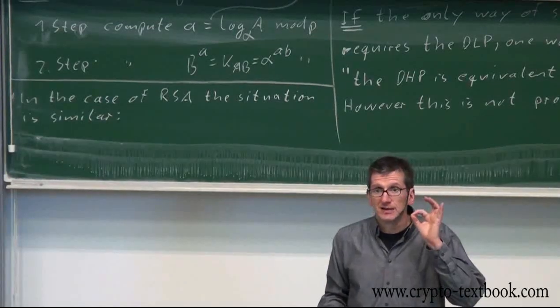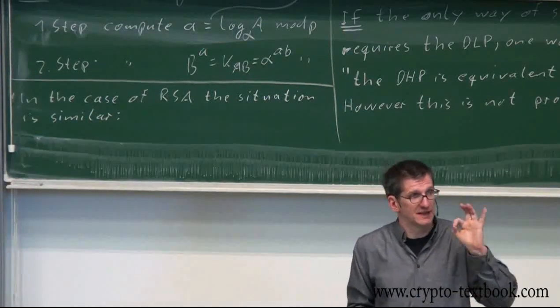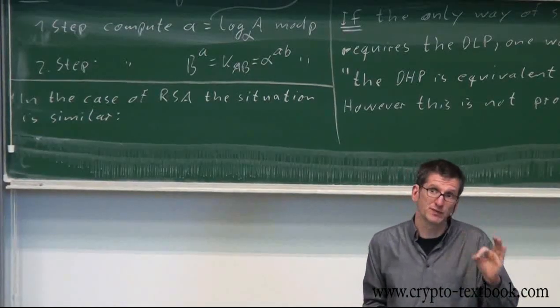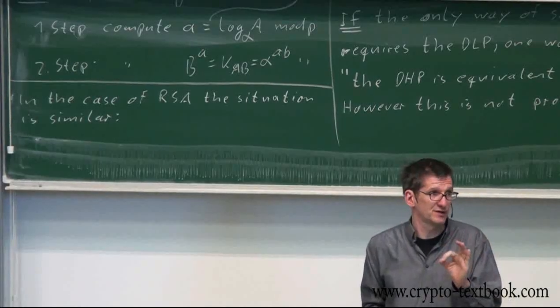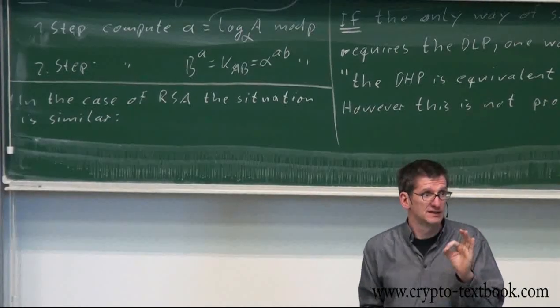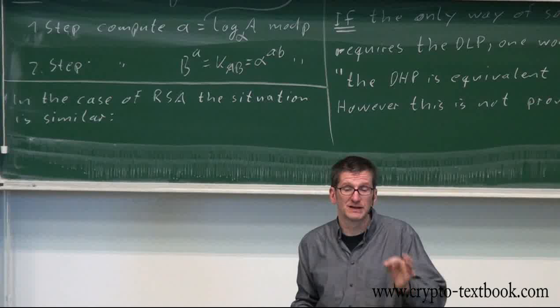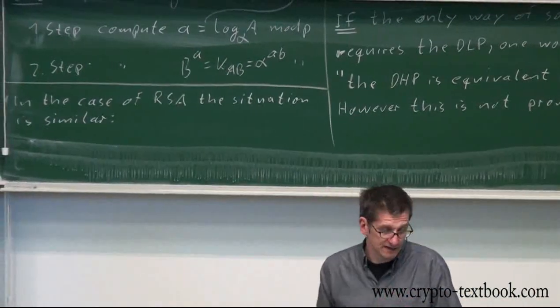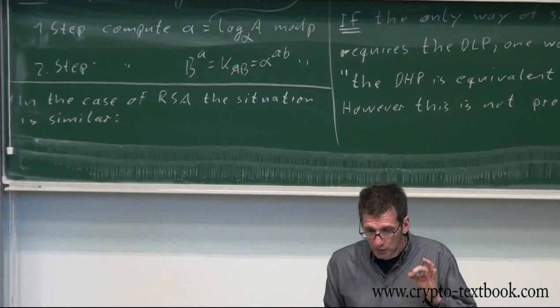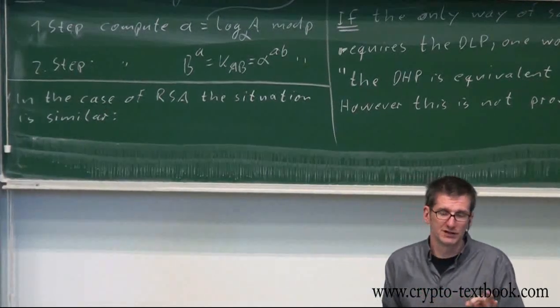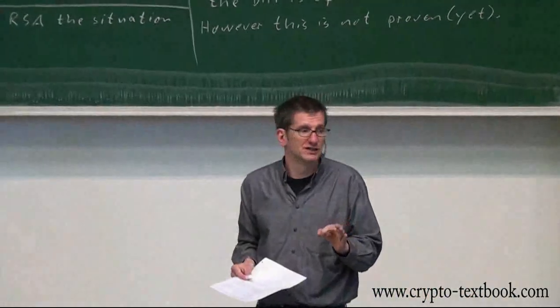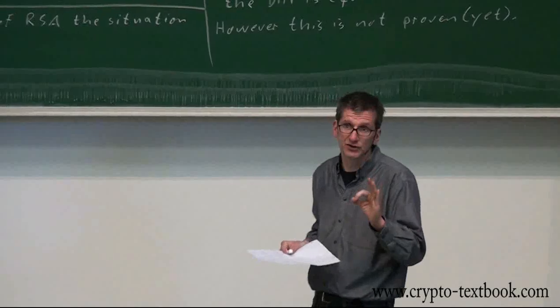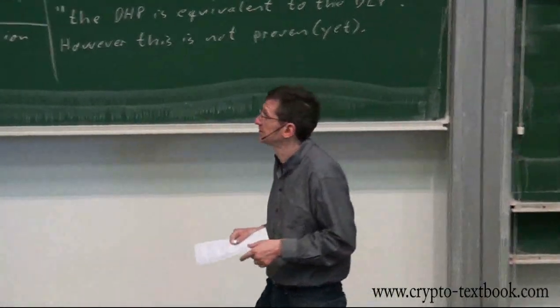Factorization. But here it's even more extreme. From a theoretical point of view, it is absolutely not clear that this is the best possible attack or the only attack. Right now we don't know any better attack. But if you go back in our textbook, you'll see that we don't really have to factor. We have to compute Euler's phi function, and it's not clear that this really requires factoring.